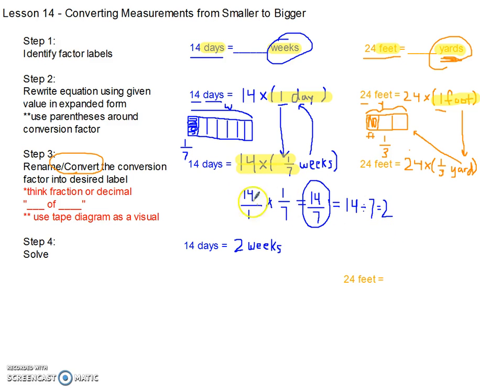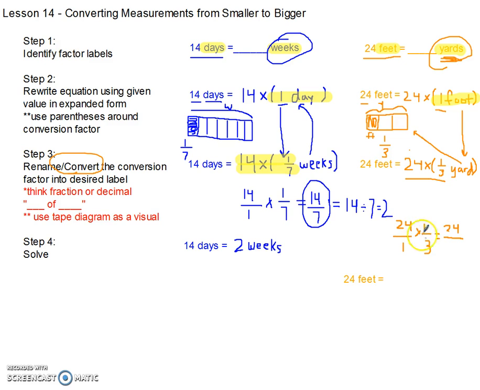All right, and now my 4th step is to solve. And as we did here with our fraction solving, 24 is kind of like just saying 24 over 1, and we're multiplying that by 1/3. And basically, because we're multiplying by 1, we just kind of go across. 24 times 1 is 24 as our numerator on top.